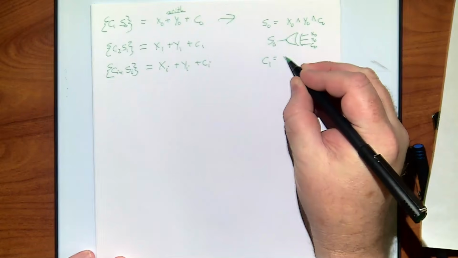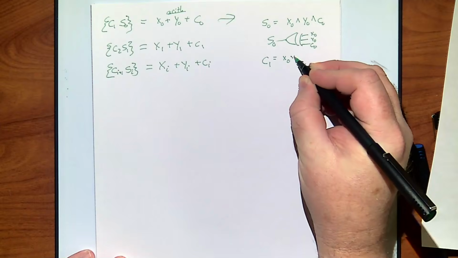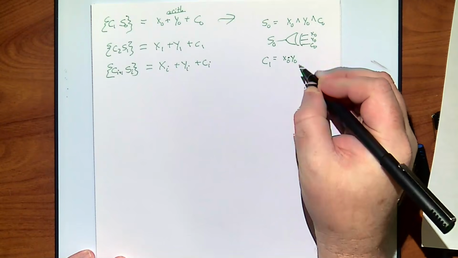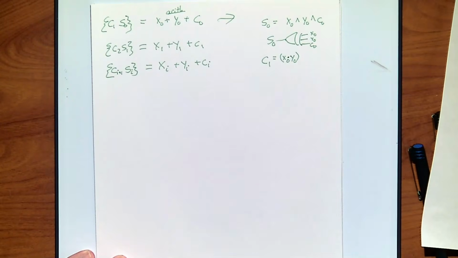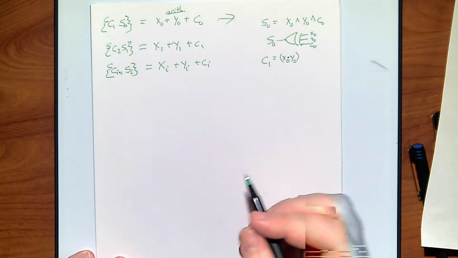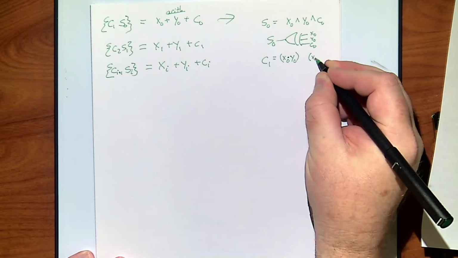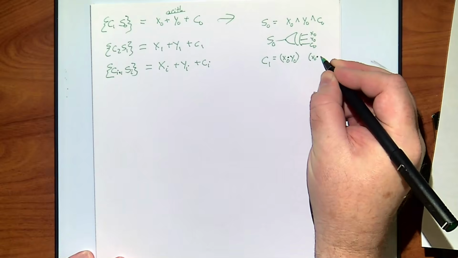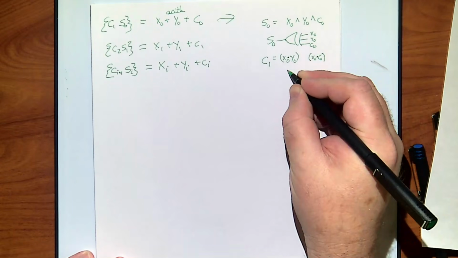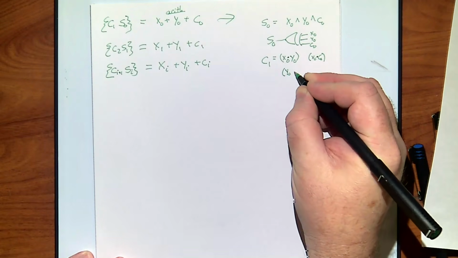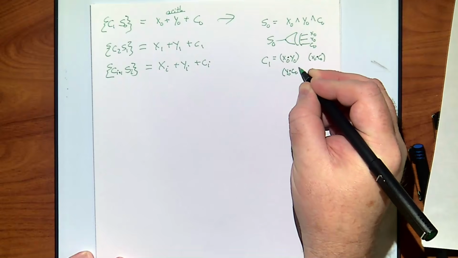Well, could it be X0 and Y0? Is that a 2 possibility? What are the 2 possibilities there? X and Y, right? And X and C0. We also have Y and C0.